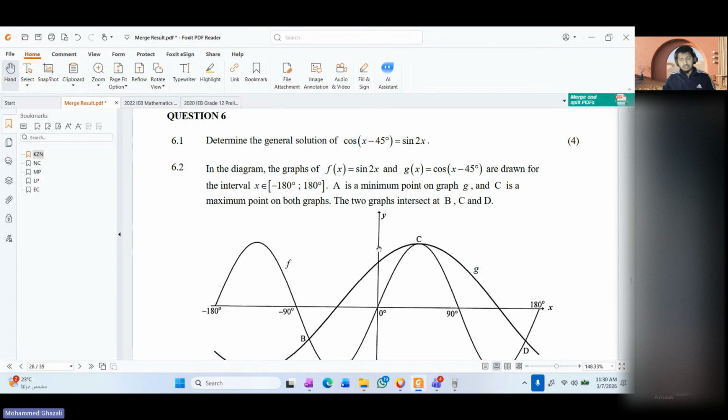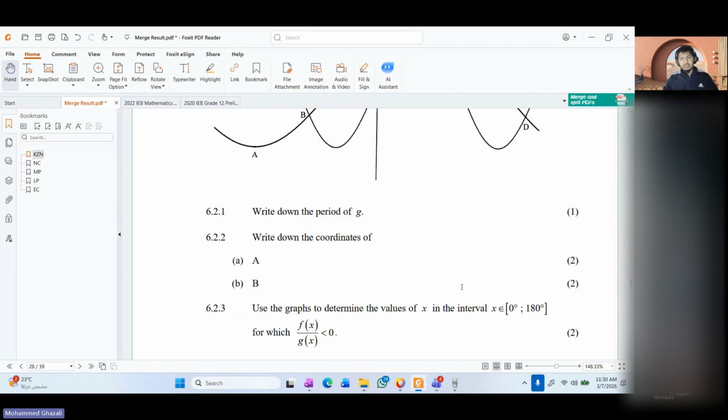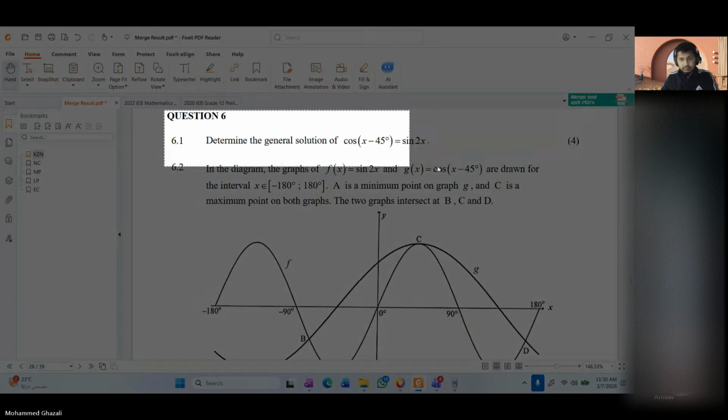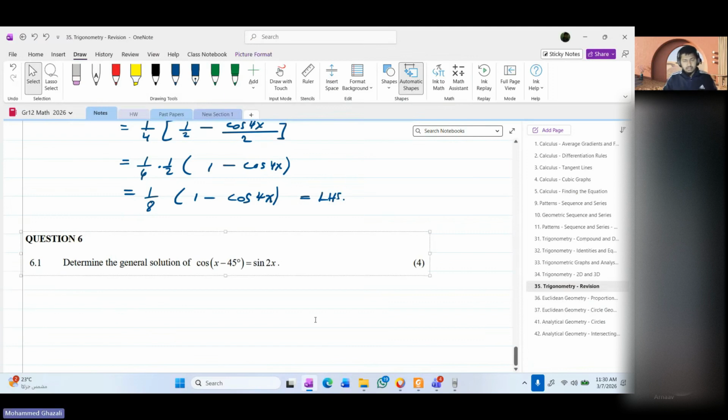So we got a sine and cos mixture, right? Okay, his questions towards the end are a little bit difficult. We're just going to do it quickly. Determine the general solution of this. When you're finding a general solution, which one is it easier to change? It doesn't matter. So we know that we have to use 90 minus, 90 plus, or we use the cos diagram. We have a cos here.